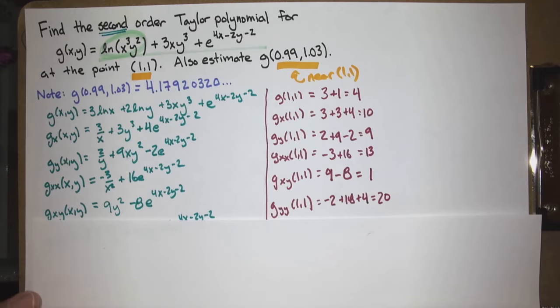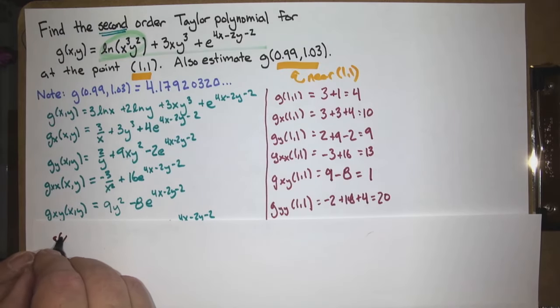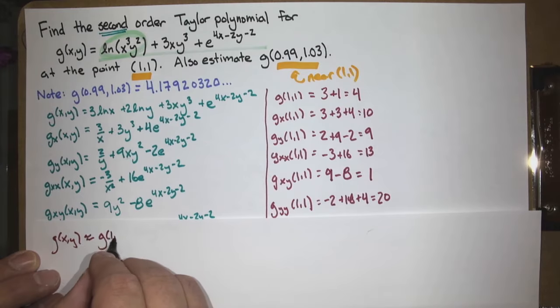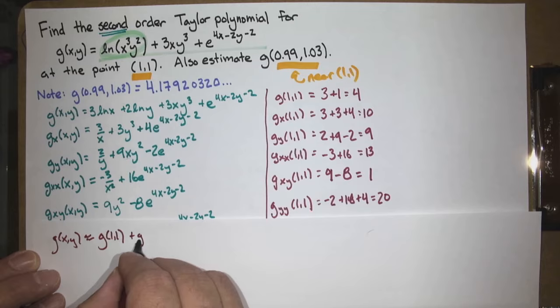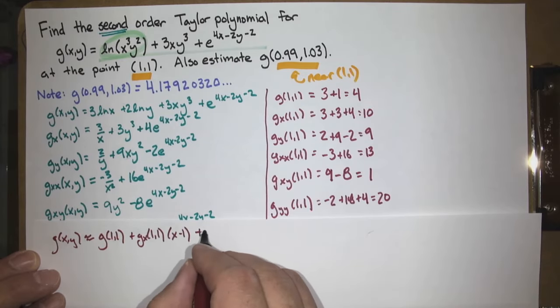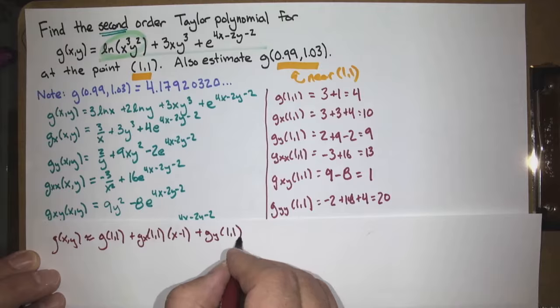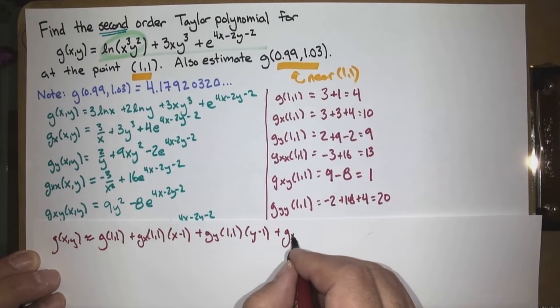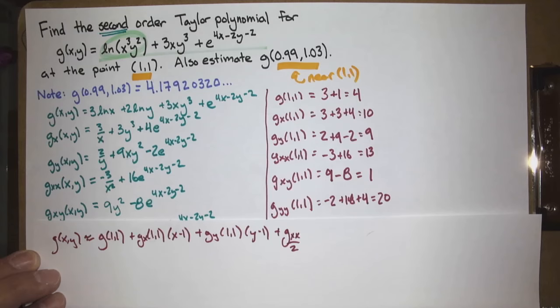Okay. So our approximation, we can write down the generic formula. G of xy is approximately g of 1, 1 plus g sub x at 1, 1 times x minus 1 plus g sub y at 1, 1 times y minus 1. So I'm just writing down the formula for the series.